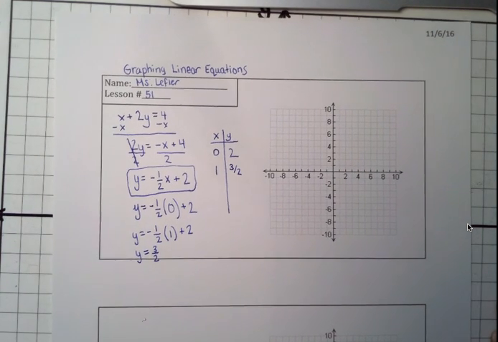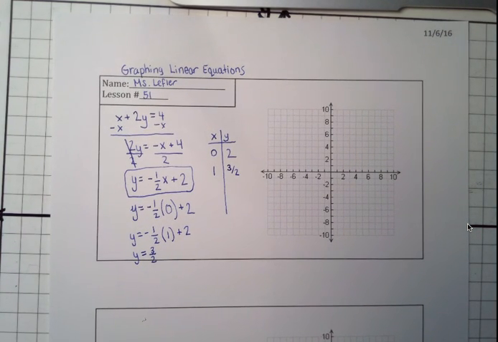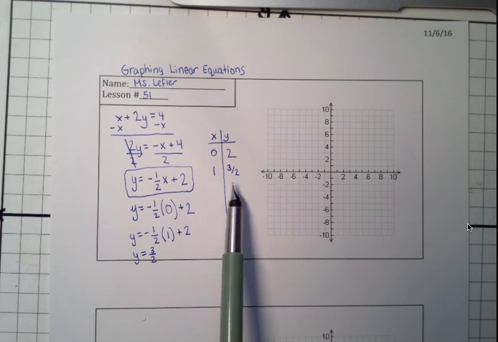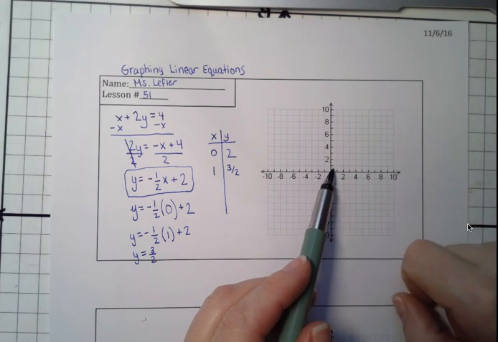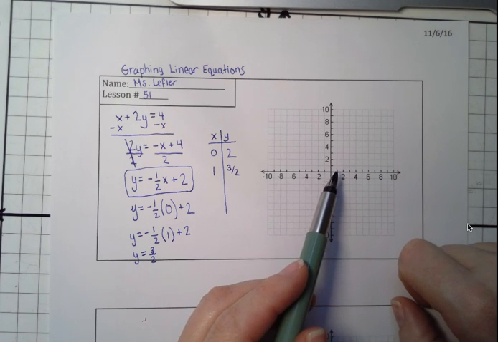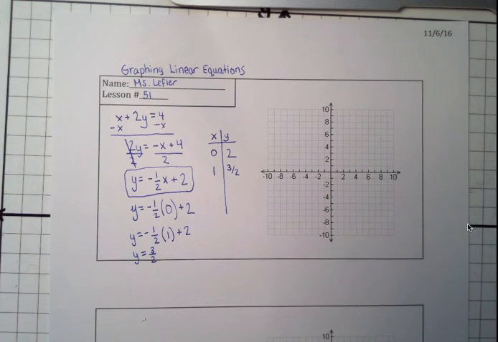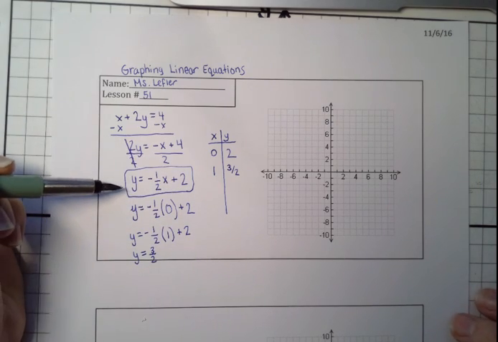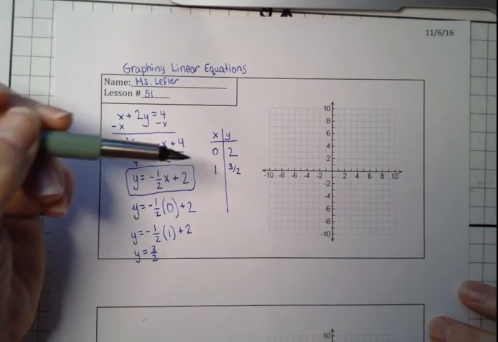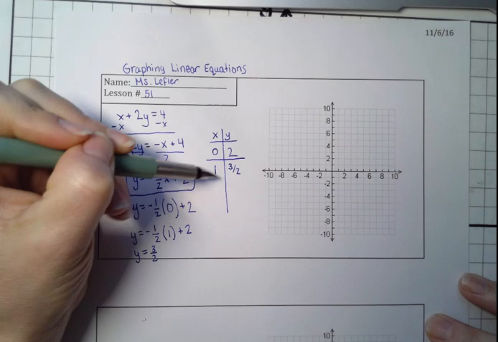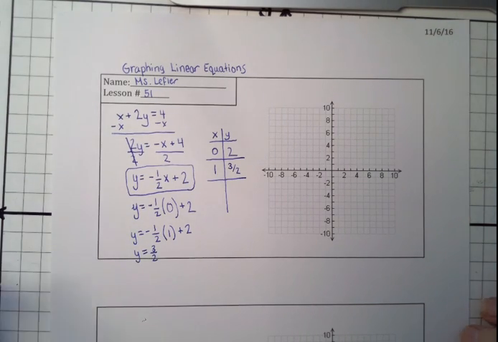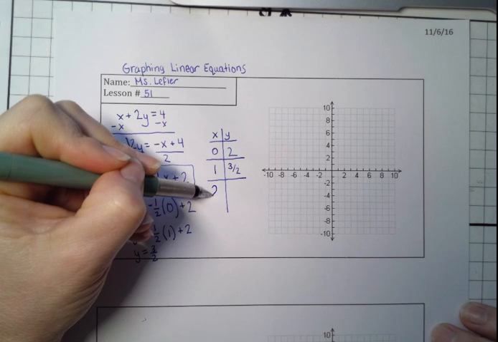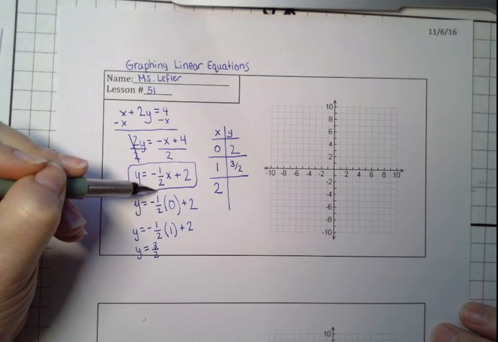So I would get 3 over 2 for my y value. Now the problem with 3 over 2 is that it's kind of difficult to graph that point. So I would go 1 on the x-axis, and then 3 over 2 is 1.5, so it would be kind of ambiguous, a little bit hard to graph. And so that's why we pick convenient values of x. So we could use that value, but a better idea would be to use something like 2, because we know that 2 is going to make this fraction go away.